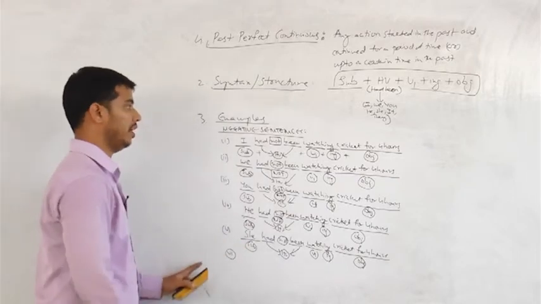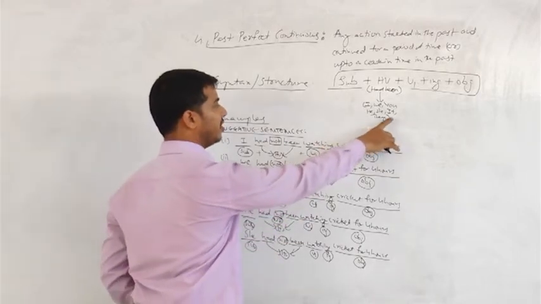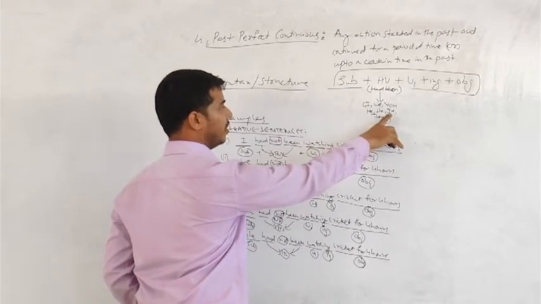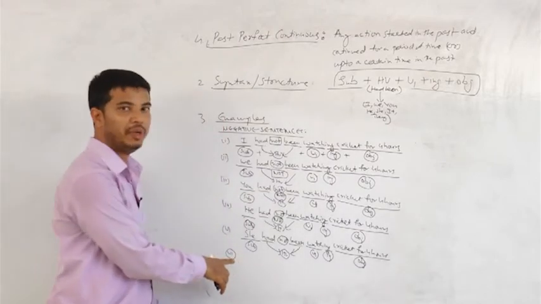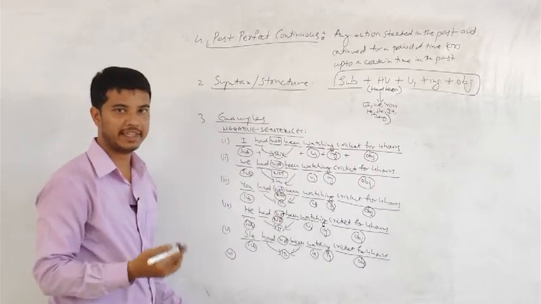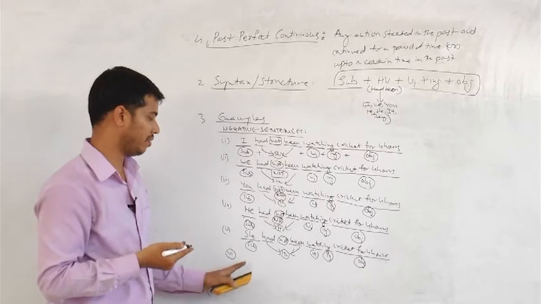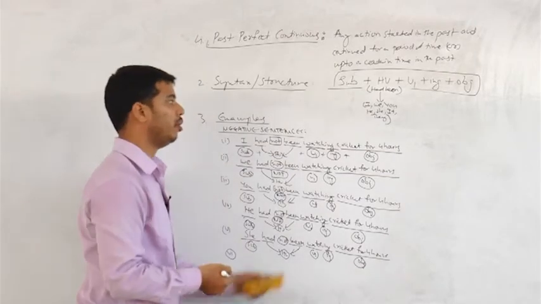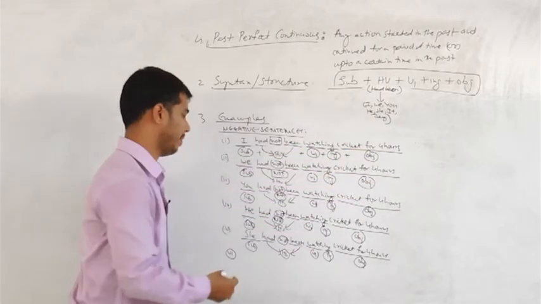And the last, as I told you, as we have done in the earlier sessions, we did not take it into consideration. We have neglected it, as it doesn't give any meaning. But if you want, you can write it as: it had not been watching cricket for 4 hours. I am going straight away with they.